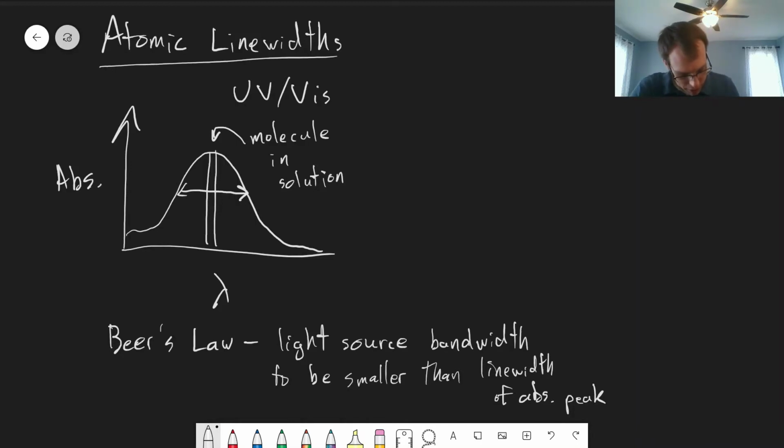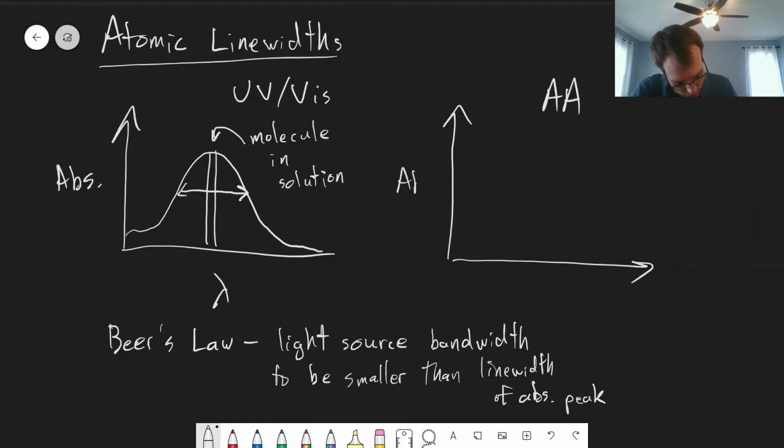Now, if we compare that to what absorption features look like for atomic absorption, AA, atomic absorption spectroscopy, we're still plotting the same thing here, absorbance versus wavelength, but now our peaks look like this. On this sort of scale, they're almost like straight up and down lines rather than this broad peak.